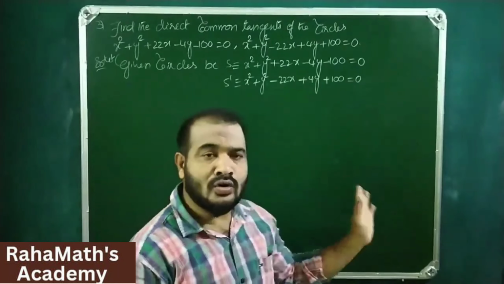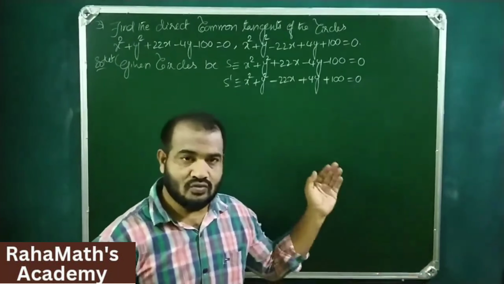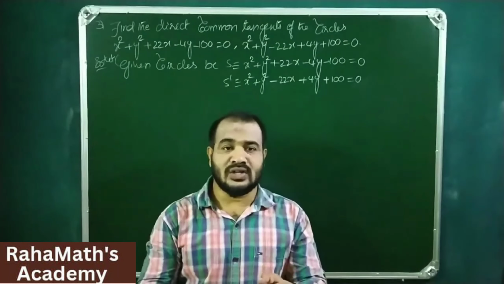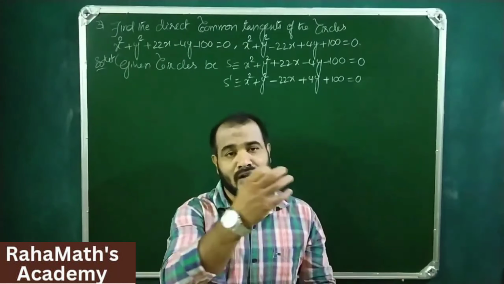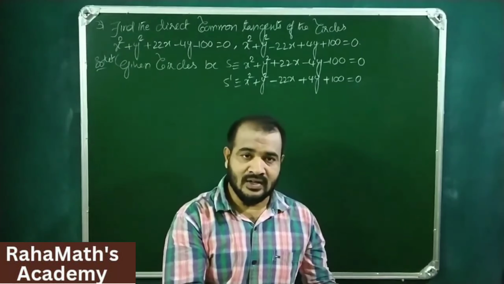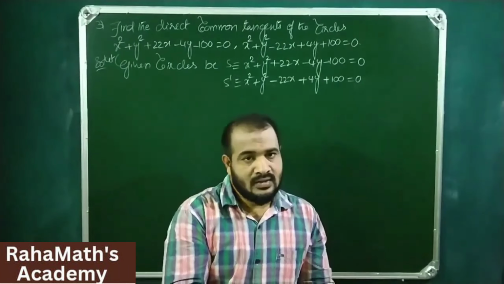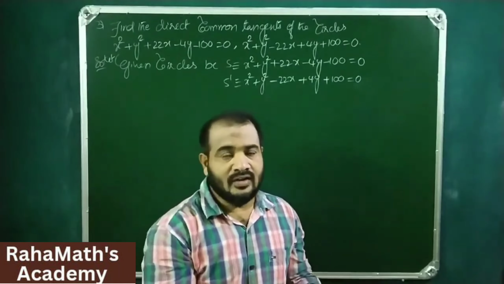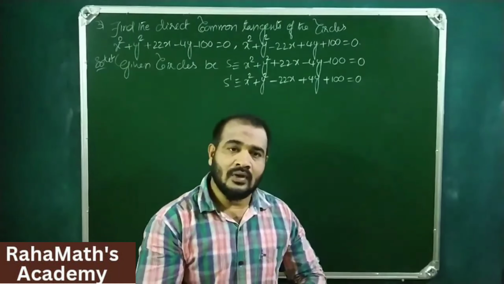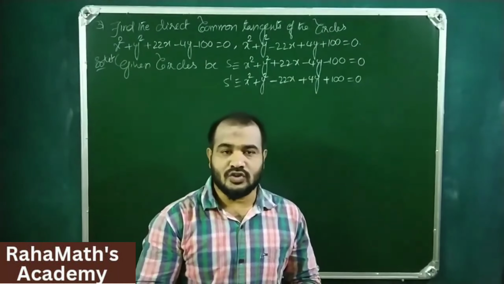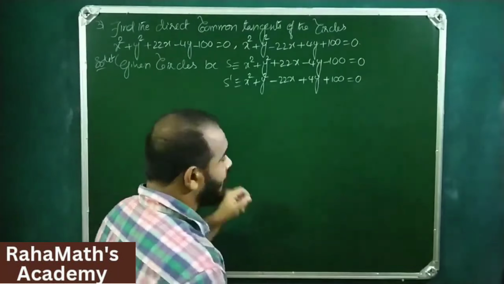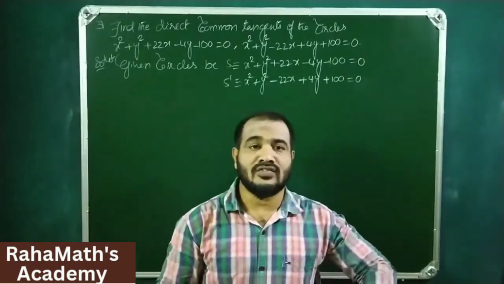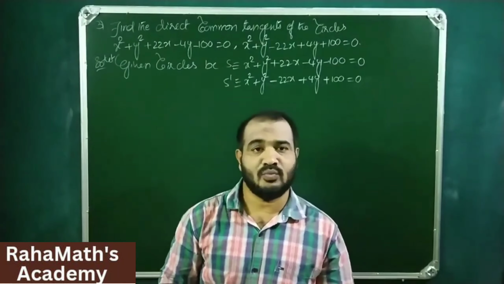We don't know the relative position of these two circles, whether they touch each other, intersect each other, or one circle lies completely outside or inside the other. So we need to find out the relative position, for which first we need to find their centers and corresponding radii.